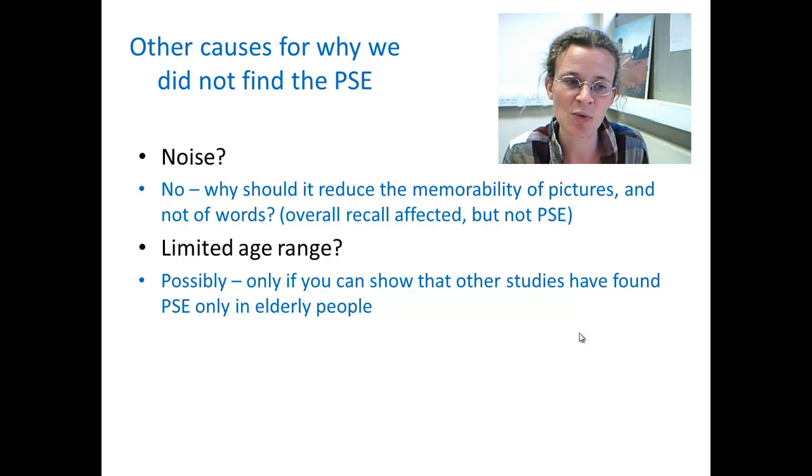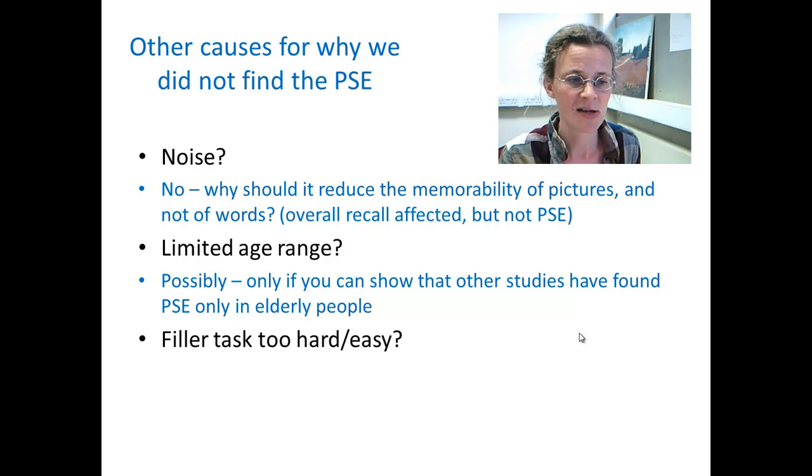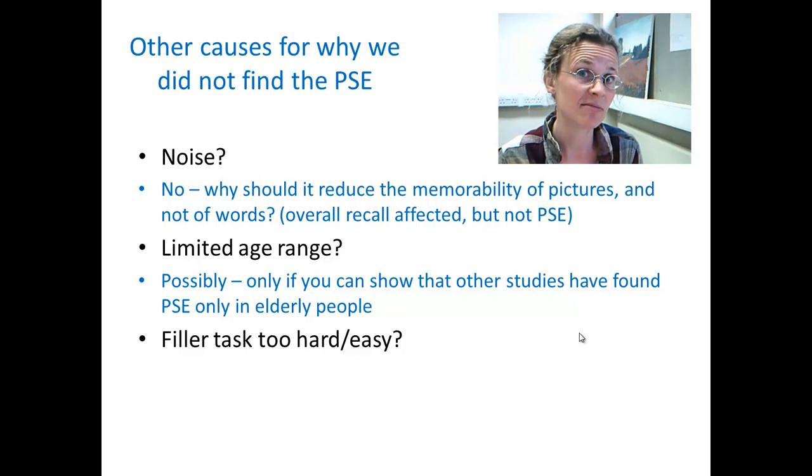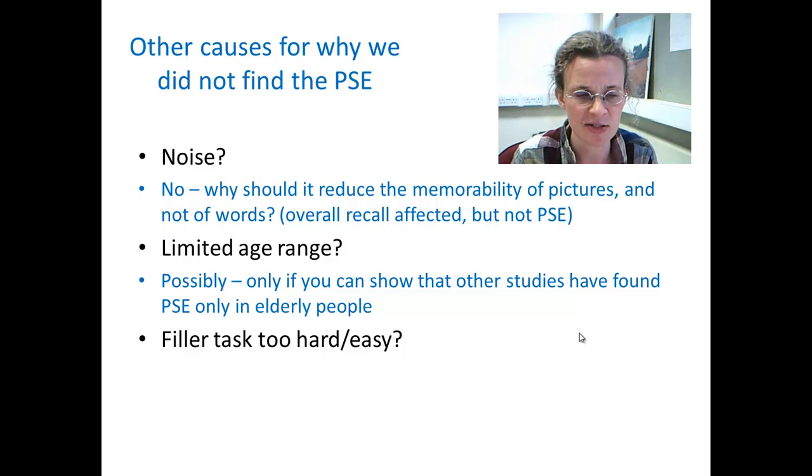I think it was one study that did show some effect to that extent, but you have to support that argument. Was the filter task too hard? Was the filter task too easy? How could that affect whether or not you're going to find a picture superiority effect?